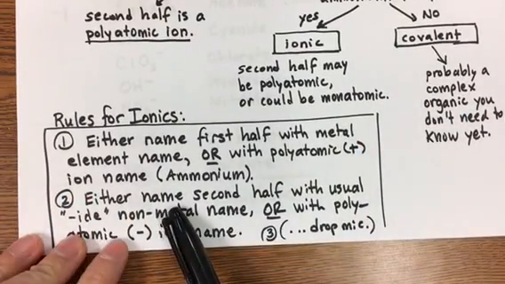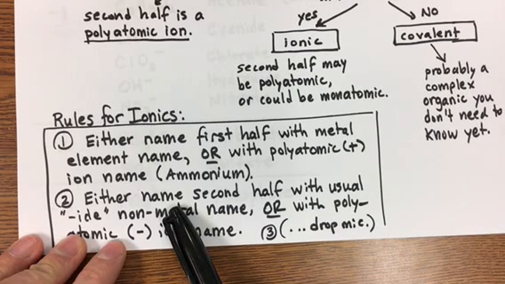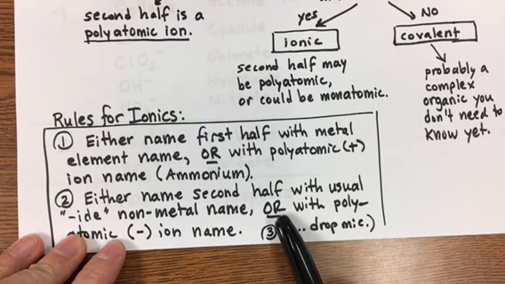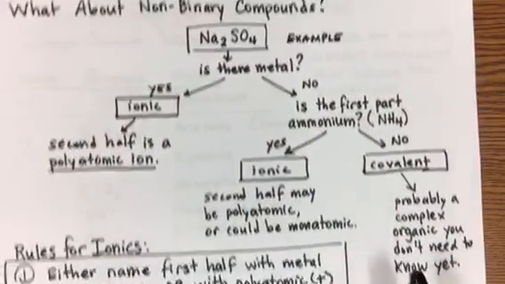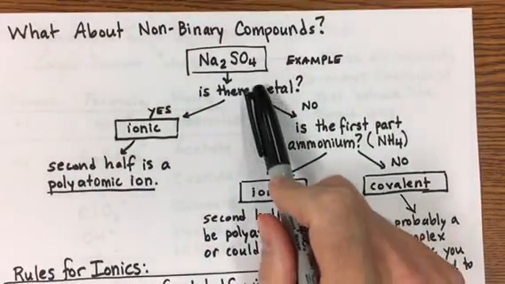For the second part of the name, you're either going to name the second half with the usual IDE non-metal name, such as chloride or oxide, or you're going to name it with the polyatomic negative ion name, and in this case, we are going to have to find out what that is.